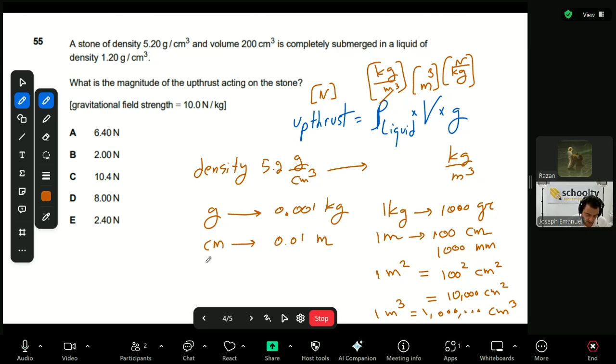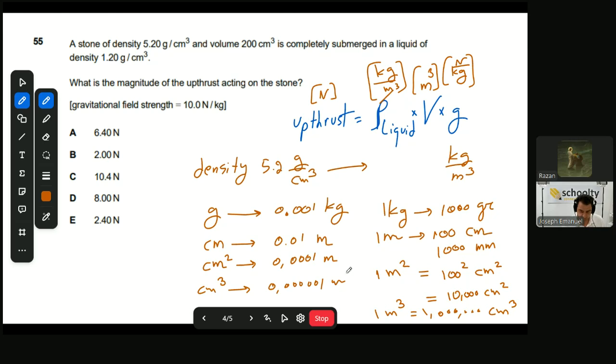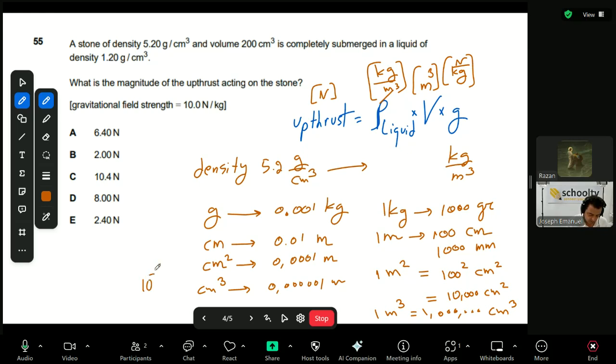If we go the opposite way, a centimeter square is 0.0001, and a centimeter cube is 0.000001, one from a million, or 10 to the power of minus 6, I hope I'm not mistaken.